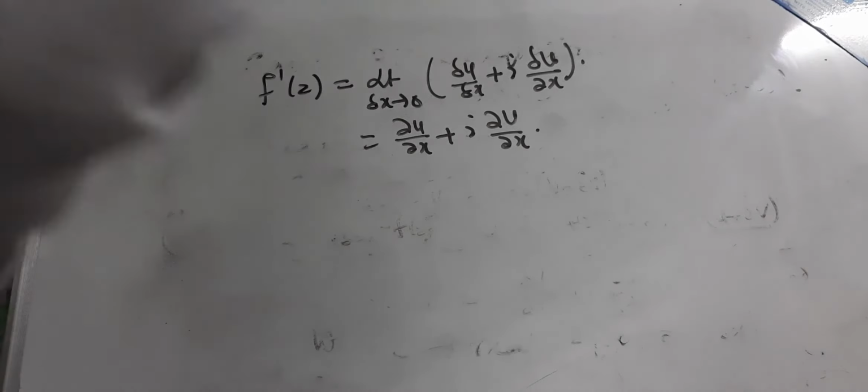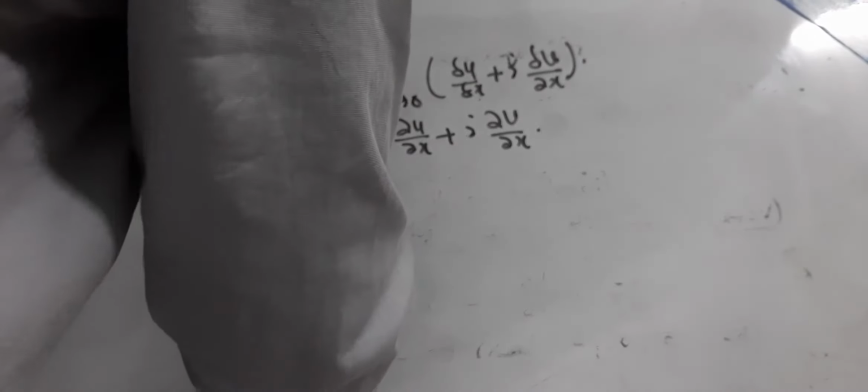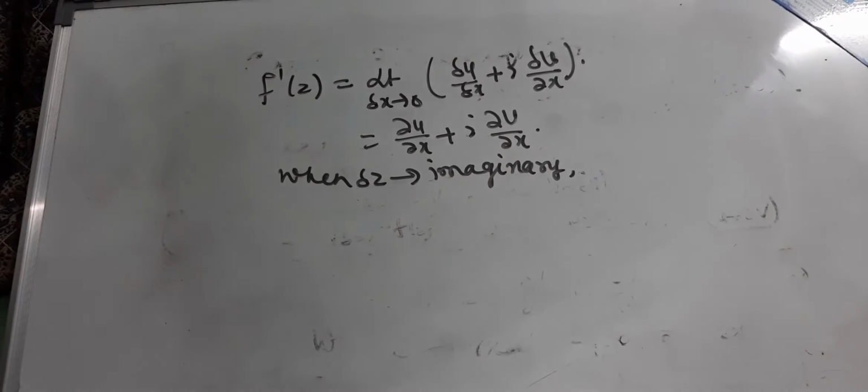we get if delta x equal to 0, delta z is wholly imaginary. Then what happens? Delta z equal to delta x plus i delta y. So this becomes delta x equal to 0 and delta z equal to i delta y.